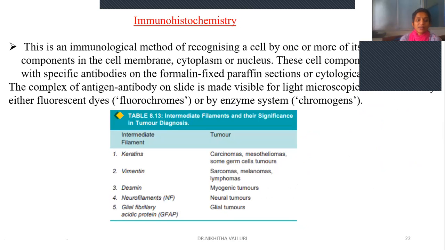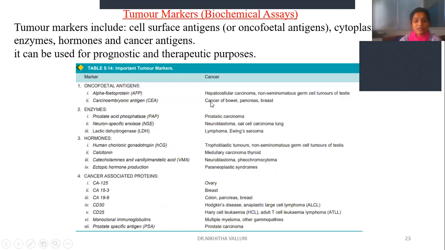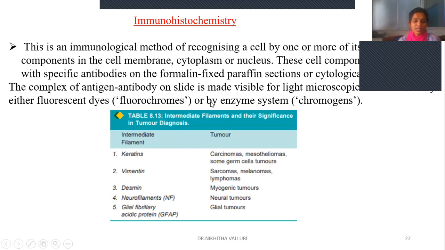And immunohistochemistry is an immunological method. In this, we collect a few antibodies and fix them under the microscope with the help of some agents, and then examine them under the microscope. For fluorescence studies we use fluorochromes, and for enzyme studies we use chromogens.